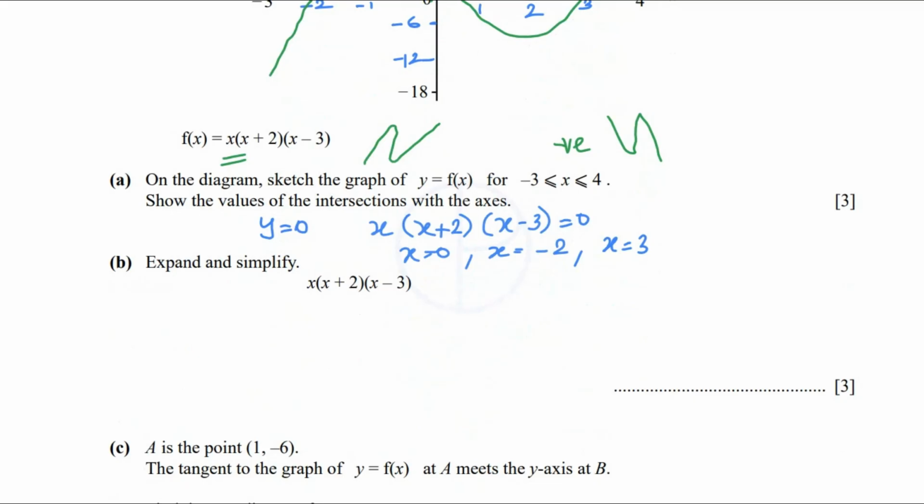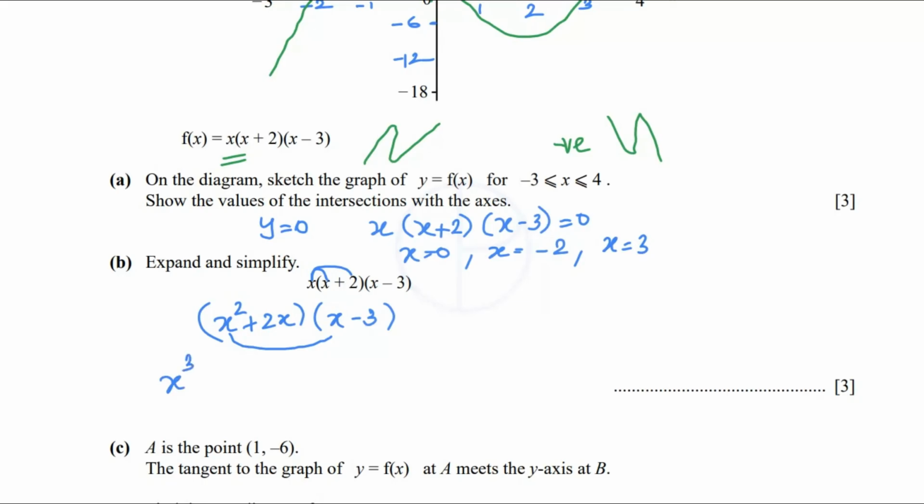The next part of the question is expand and simplify. X times x is x square. X times 2x is plus 2x, multiplied by x minus 3. Okay. Now first multiply x square by x.